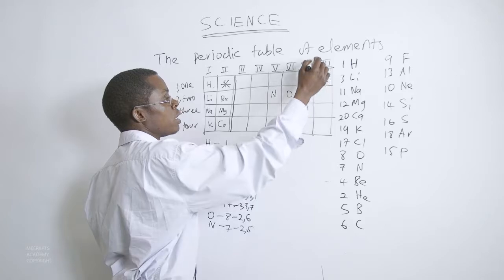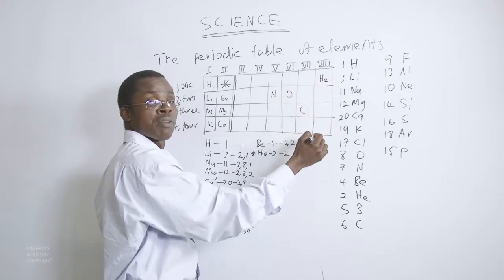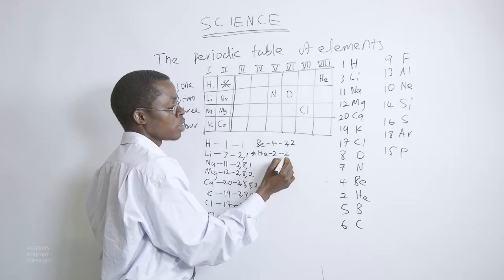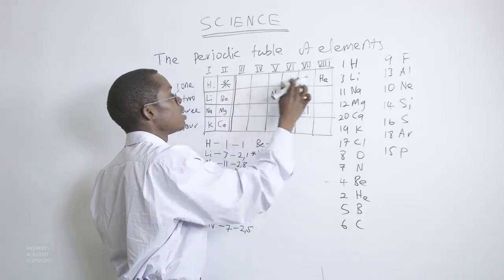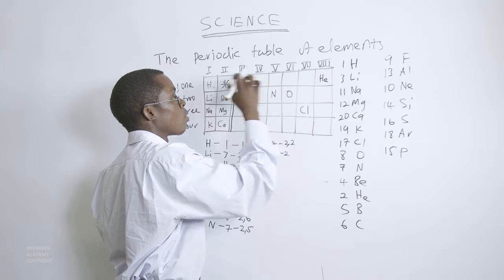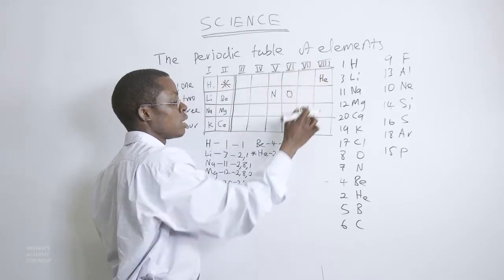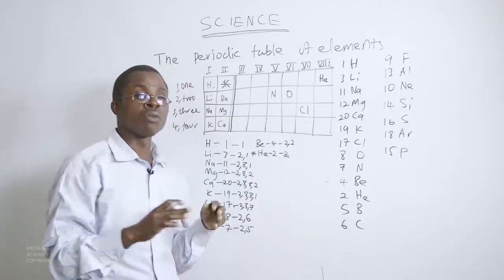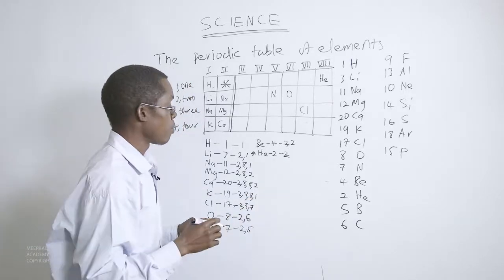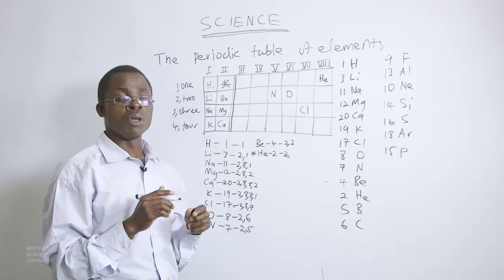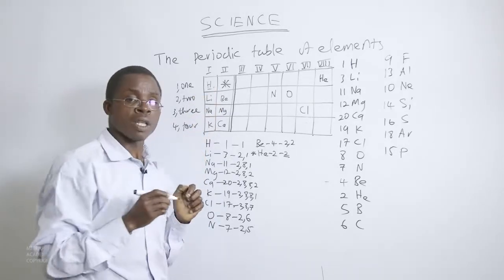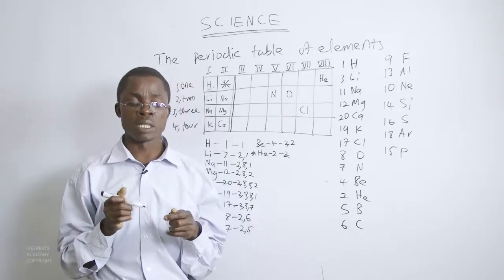Reason being, this is a group of elements that have their outermost energy level full. But it has how many energy levels? Just one. So one energy level or one orbit, but outermost is full. You don't look at the two, you now look at it being full or not being full. This will also be used to explain why the element hydrogen also has some unique characteristics.